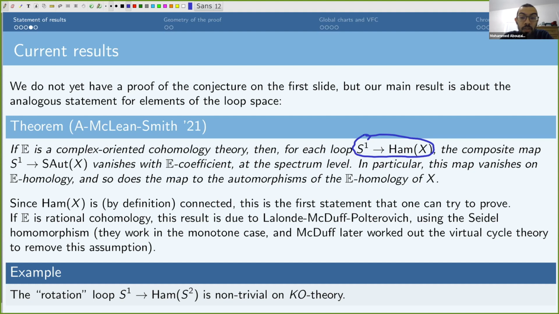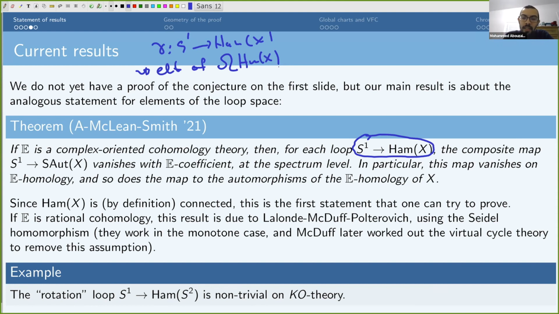So in the previous notation, if you're trying to match up, gamma from S1 to Ham X is just an element, the same thing as an element of what I called the base loop space of Ham X. In the first slide I said some map from the loop space, and so on.